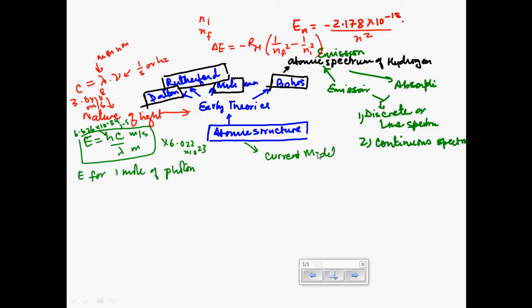Alright, moving on from there, let's get to atomic structure and the current model. The current model of atomic structure is called Erwin Schrodinger's wave mechanical model.